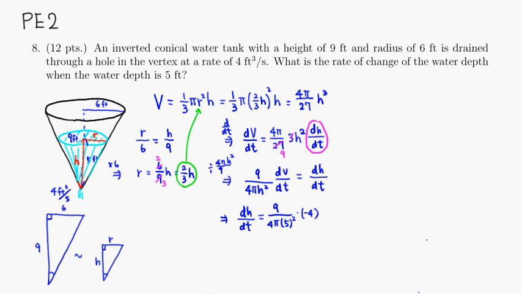You can see there's a 4 on the bottom and 4 on top, which cancel out. You end up getting -9 on top and 5 squared, which is 25 pi on the bottom. So this is in feet per second. Negative indicates that the water depth is going down since you're draining the water, at the rate of 9 over 25 pi feet per second.